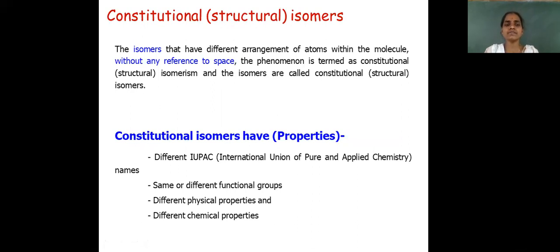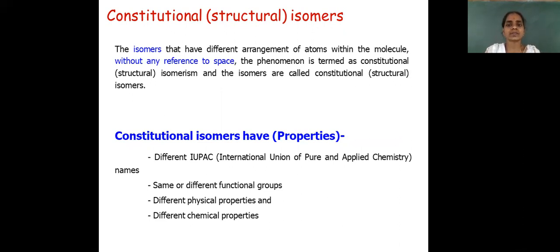So first, the structural isomer. The other name for a structural isomer is a constitutional isomer. What is meant by constitutional isomer? These are isomers having a different arrangement of atoms in the molecule, and they have different physical and chemical properties.